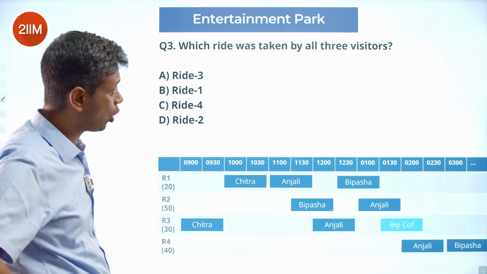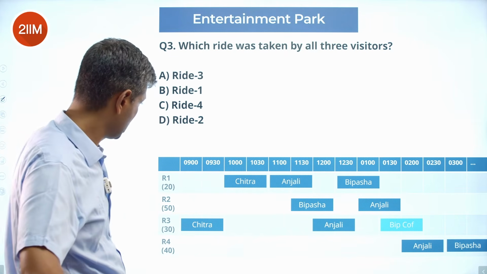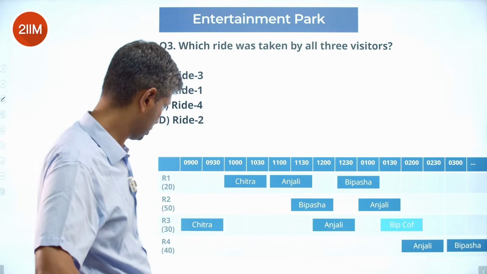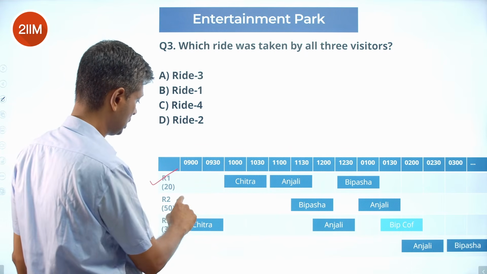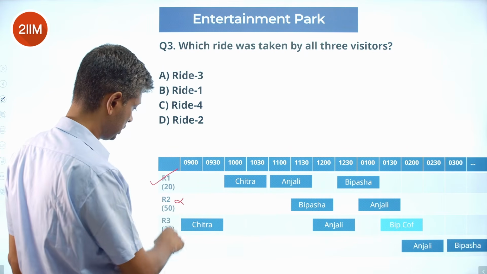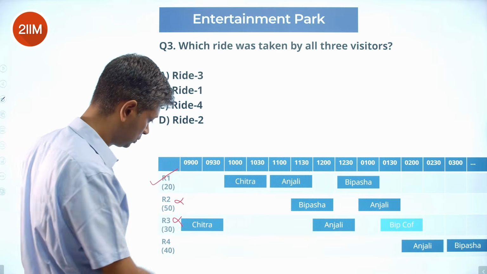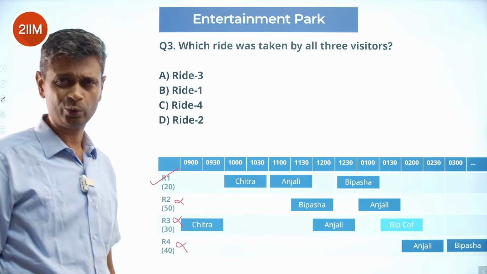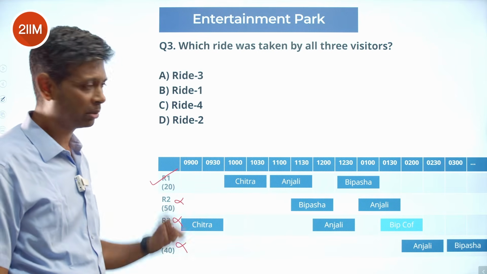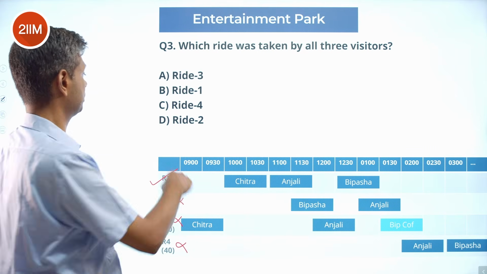Which ride was taken by all 3 visitors? R1 was taken by all 3 visitors. R2, no. R3, no. R4, no. Chitra takes only 2 and R3 is not taken by Bipasha. So only R1.